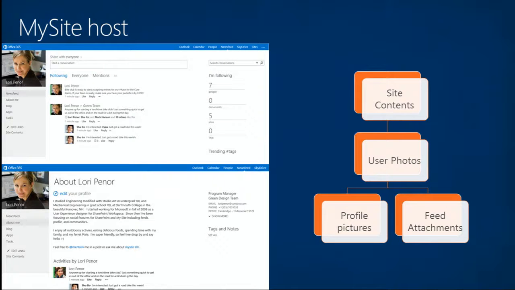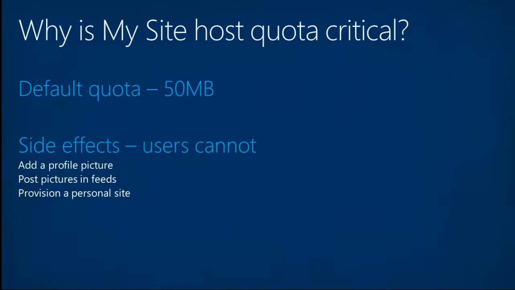Now, why is it important to understand what is really stored in this host site collection? The reason for that is quota assignment. We've set the default quota for the my site host site collections to 50 MB. For most deployments and rollouts, if the number of users involved is, let's say, up to 1,000 users, this should suffice.